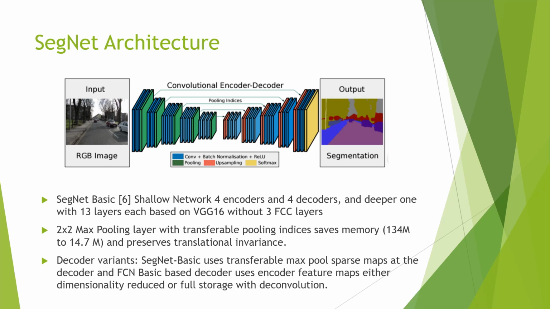They try different decoder variants for the architecture evaluation. SegNet Basic uses transferred max pool indices at the decoder, while another architecture tried a fully convolution based decoder, which uses encoder feature maps that could be added, dimension reduced, or fully stored, along with deconvolution at the decoder side.